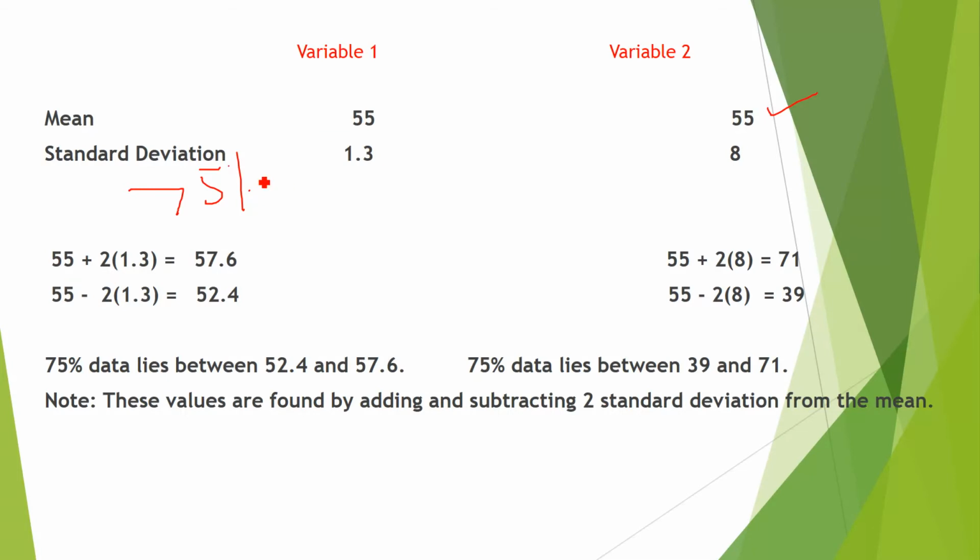The mean is 55, plus 2 sigma, where 1.3 gives 57.6 and 52.4. It means that 75% of the data lies between 52.4 and 57.6 in this range. For the other variable, with a standard deviation of 8, 75% of the data lies between 39 and 71. We have calculated it like this.